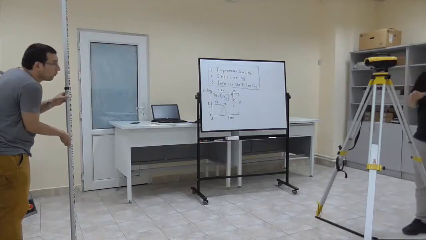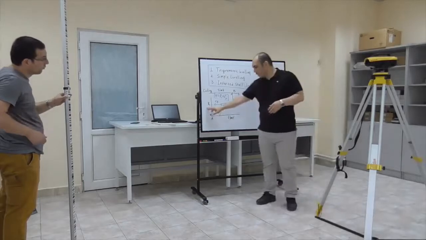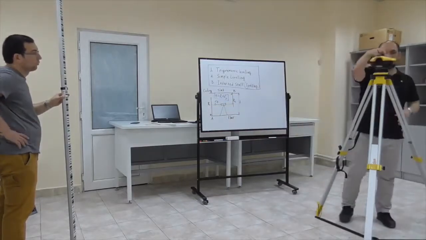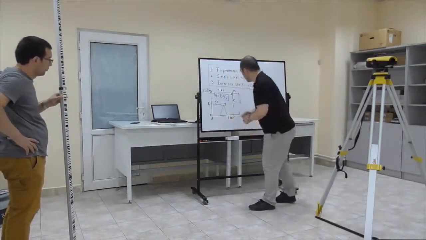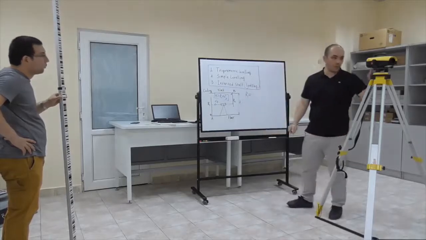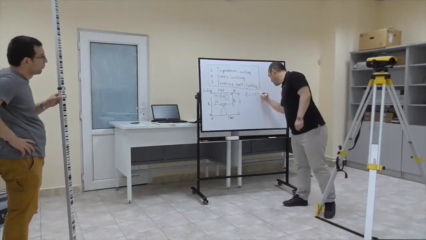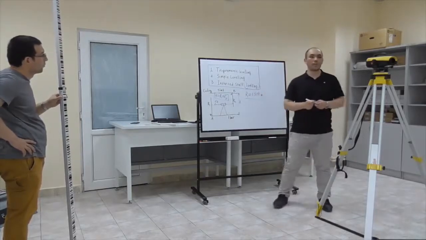Now I got my first measurement, and my R1 is ready. R1 is equal to 1.519 meters.